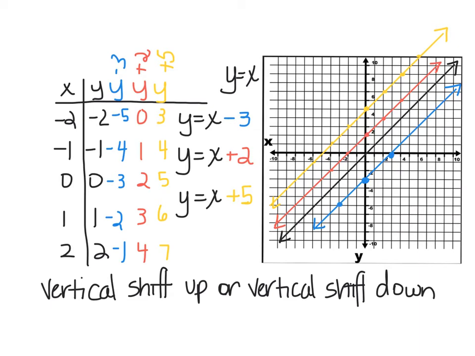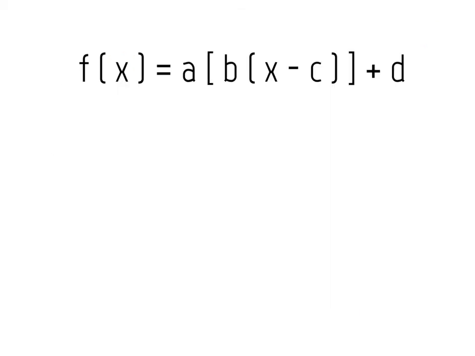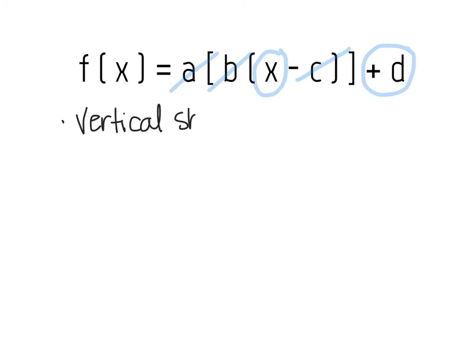This will end up being the D transformation. If we look at this, all we had was an x and a number at the end. We had no C, we had no B, we had no A. So this is the D transformation. The D transformation does 2 things. It does a vertical shift up or a vertical shift down. It can't do both.